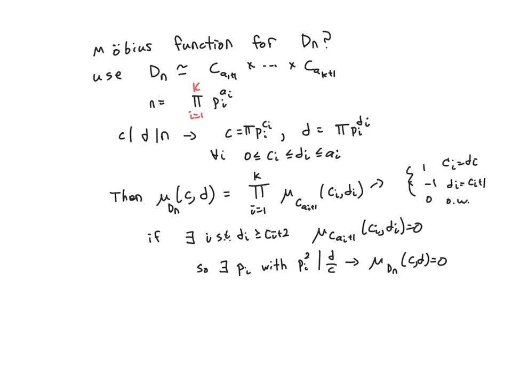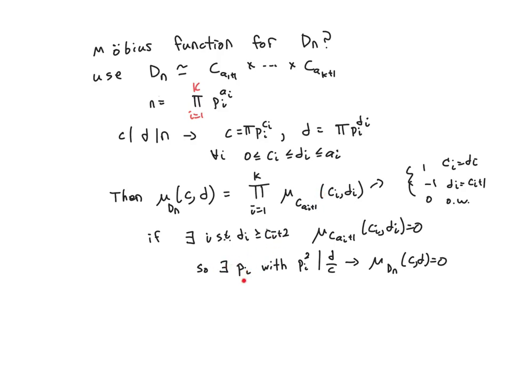And so that tells you that C and D have to be close as factors in order for this to be non-zero. If they have a prime factor that divides D by more than 2 factors in C, then you run into a problem. In other words, if there exists an i such that Di is greater than or equal to Ci plus 2, then the corresponding Möbius function in that coordinate is 0, and so this product becomes 0.